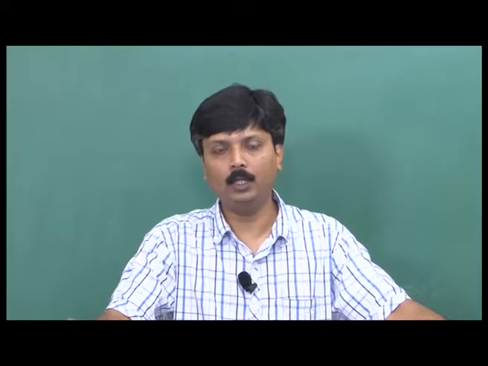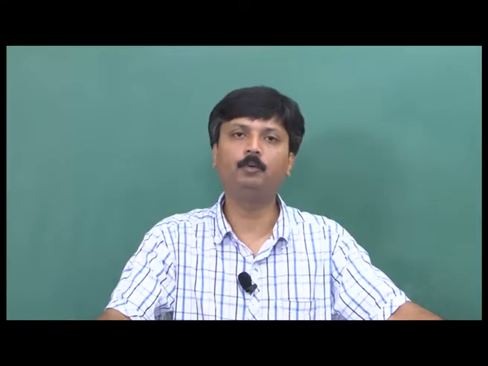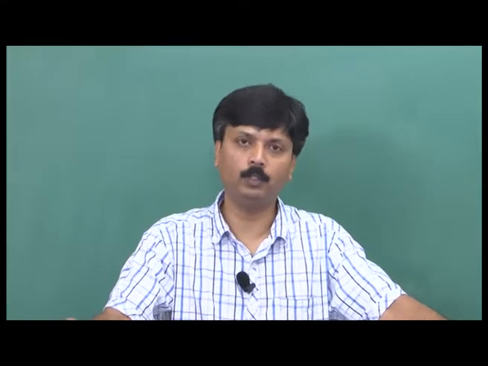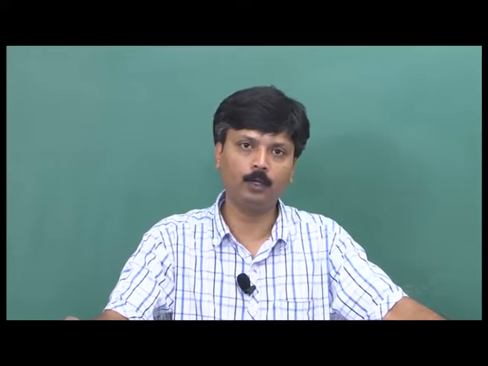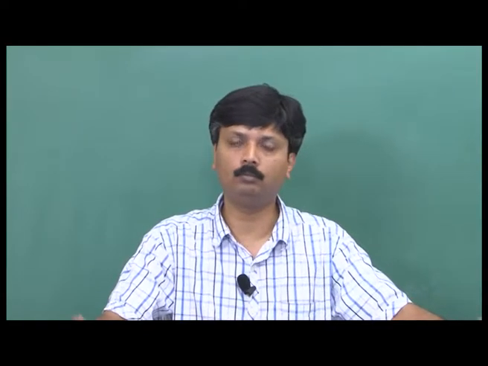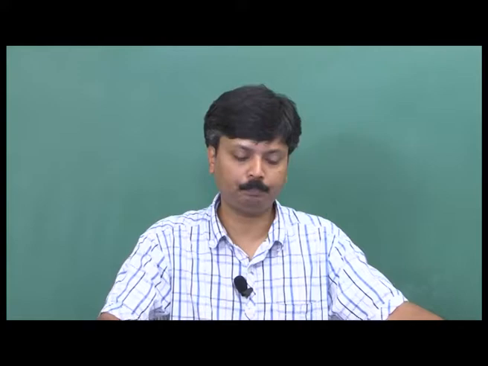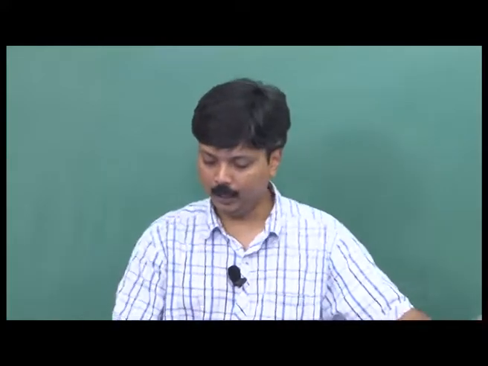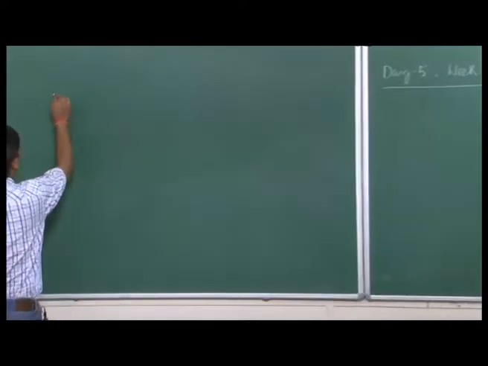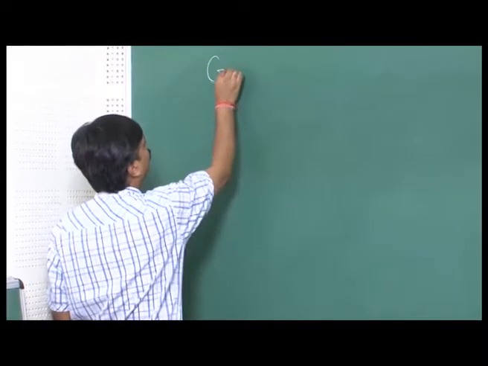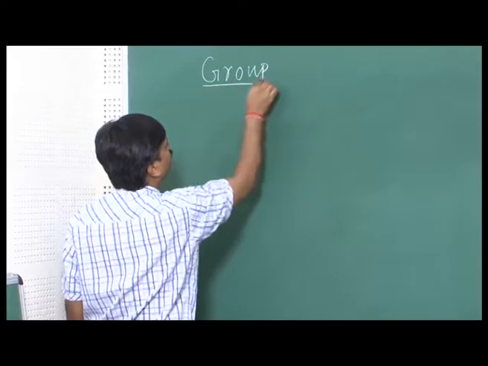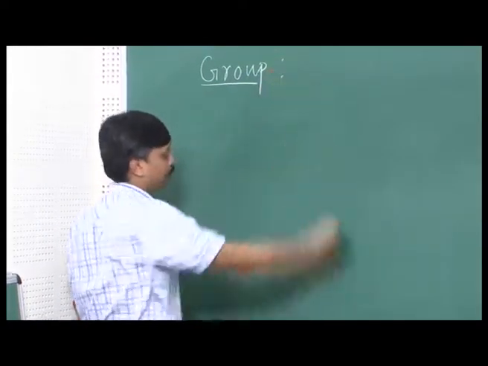Before we do that, we need to learn a few basic things about this group theory. So a few criteria of something that can be called a group. So let's start with the definition of this particular thing called group. So what is a group?